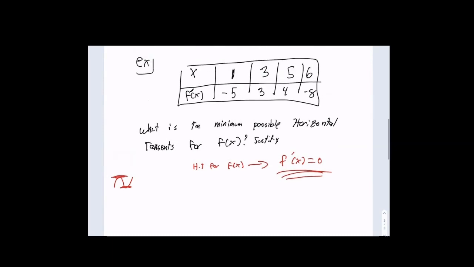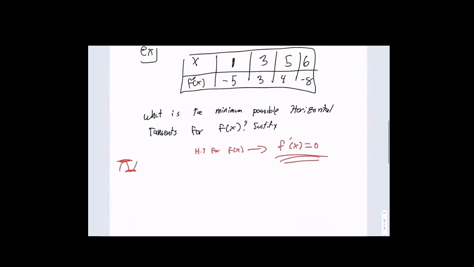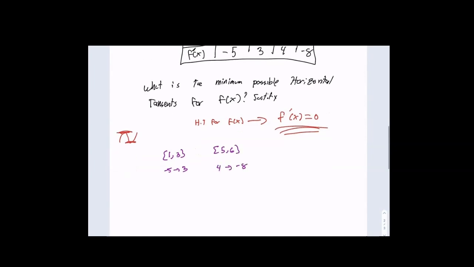If we look at this and read this, you can go into a lot of greater detail, but on the interval 1 to 3, the function goes from -5 to 3, and on the interval 5 to 6, it changes from 4 to -8 in terms of f.